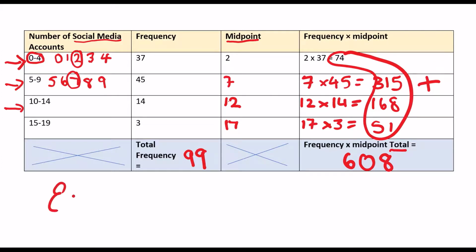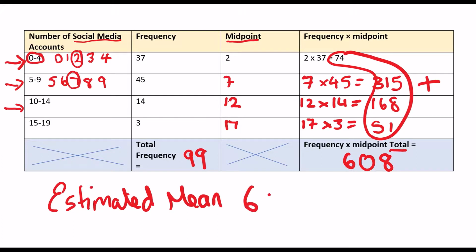In order to find the overall estimated mean, what we're trying to find is the average number of social media accounts that somebody has from this data. Now we can go ahead and do our traditional mean calculation, where we've got an added total divided by how many there are. So 608 divided by 99 gives us around, I don't think it's 6.1 exactly, let me do it quickly.